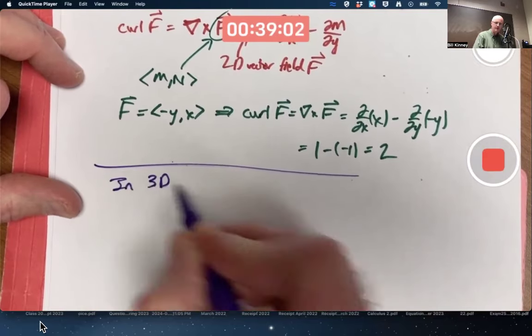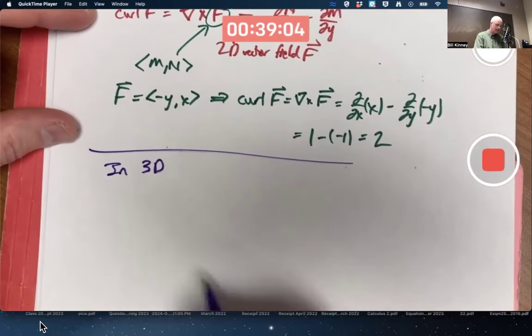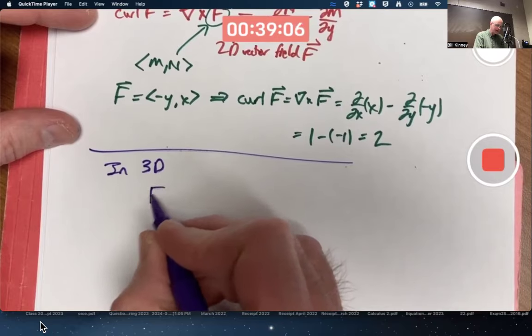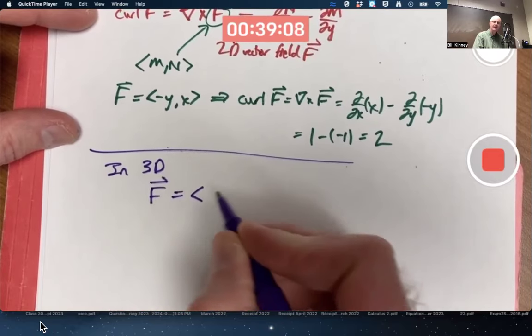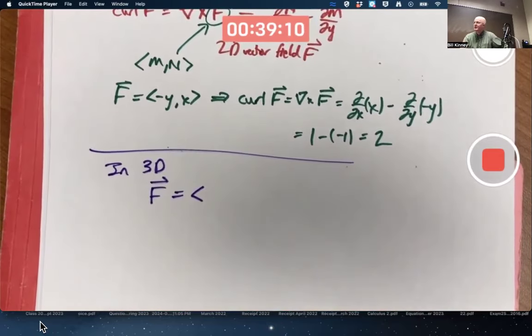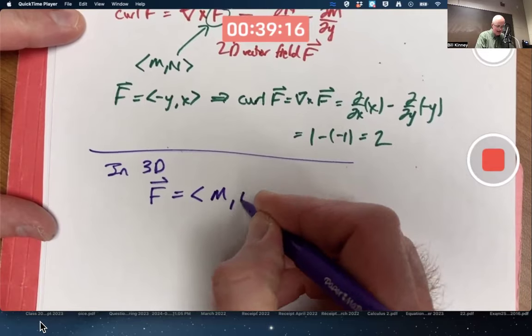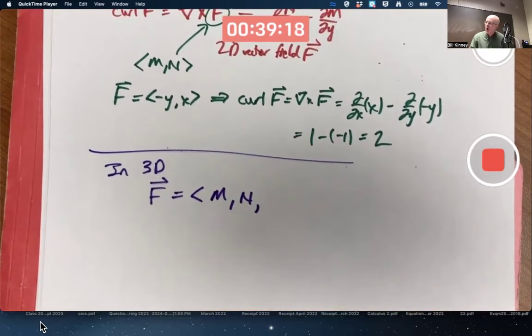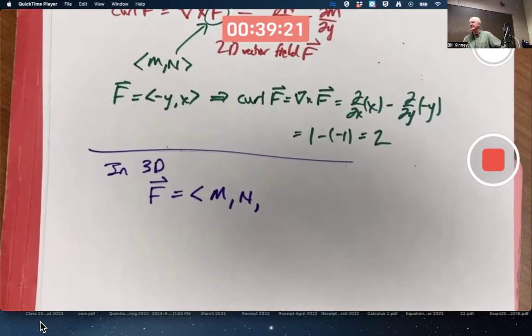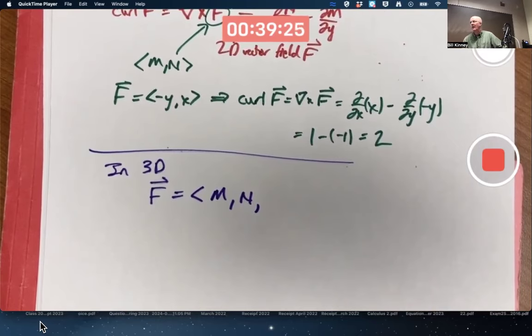In 3D, in the general setting, we write F as a vector valued function, a vector field that has 3 component functions, m and n, or should I call it O? Well, that's confusing because O is often the origin and it often looks like a 0.